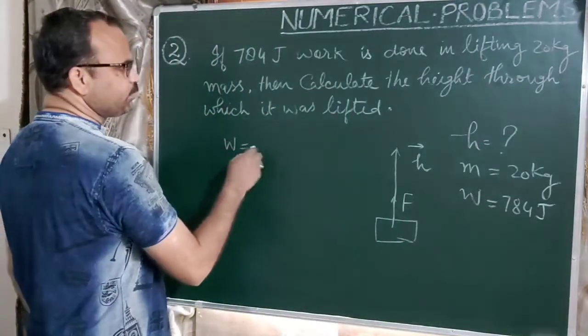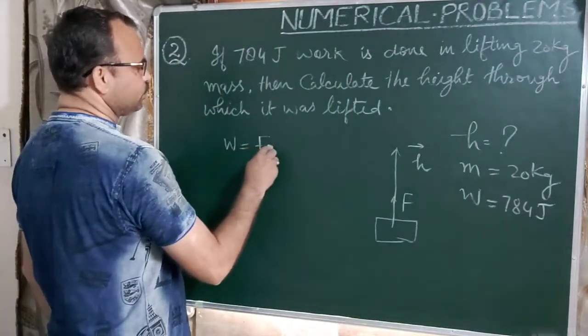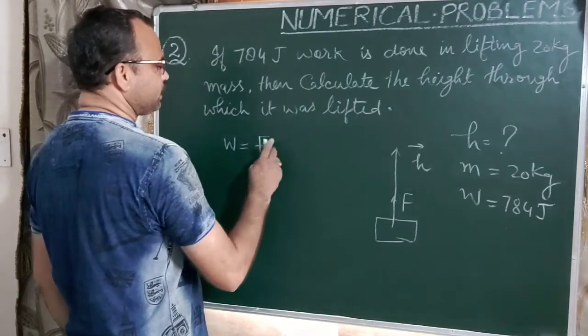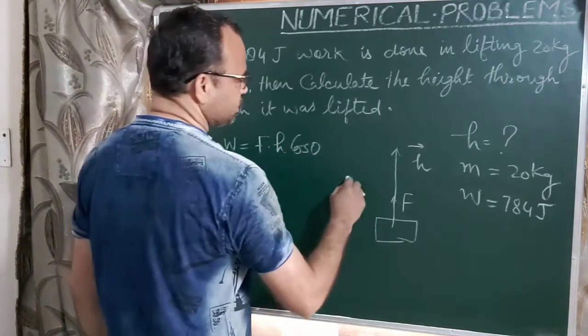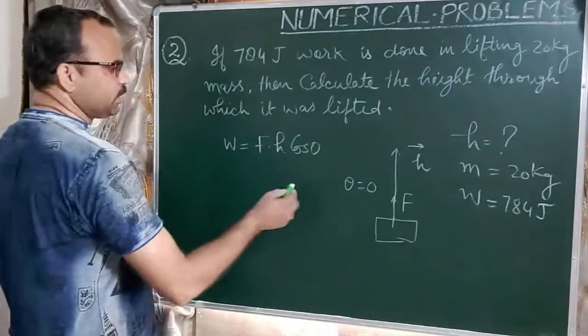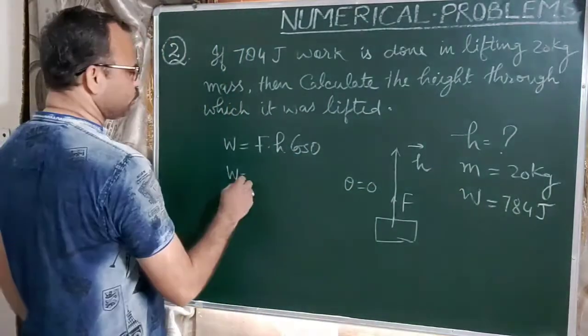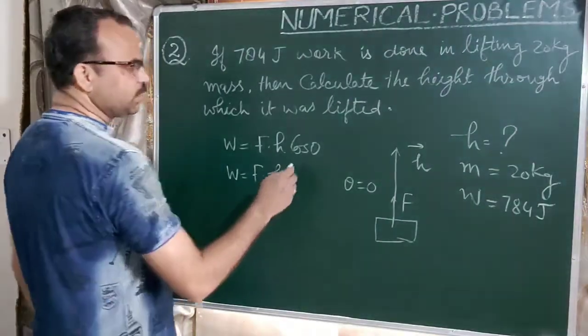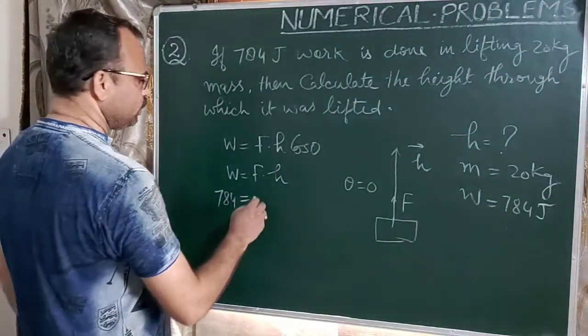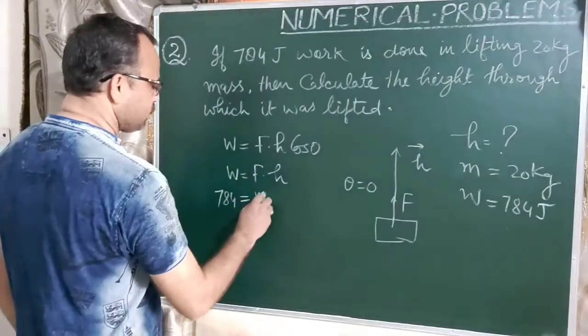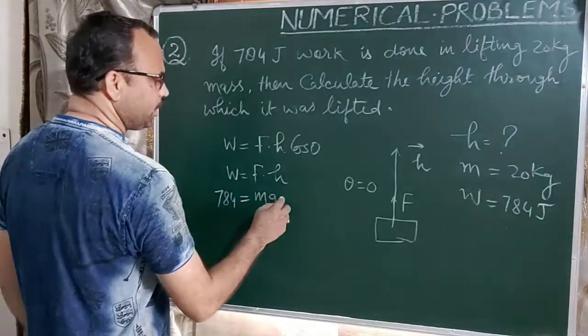Then the work done in lifting a body upward is force into displacement h into cos 0. In this case theta equals 0. The value of cos 0 is 1, so W equals F into h. Now put the value: 784 equals F, meaning m, g and h.